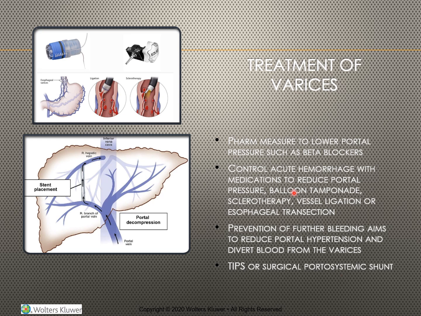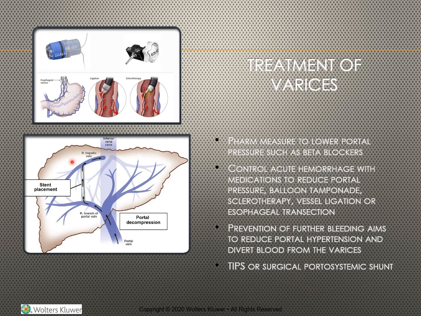And so the treatment there really further aims to reduce the portal hypertension and try to divert blood away from those varices. So we want blood to go someplace else other than shunting itself back into those esophageal varices. So some of the things we might do here surgically are something called a TIPS procedure or a surgical portosystemic shunt.